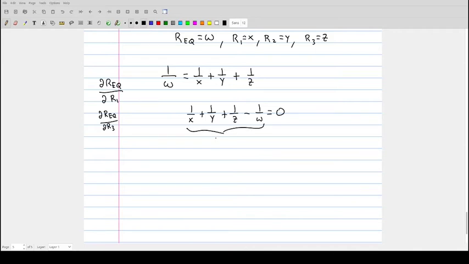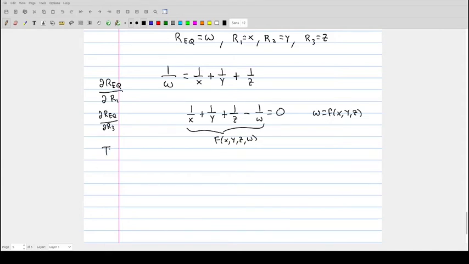You have a function of 4 variables, X, Y, Z, and W, but W itself is a function of X, Y, and Z, because it's just the equivalent resistance. So this implicit relationship is giving you a functional dependence of W on X, Y, and Z.